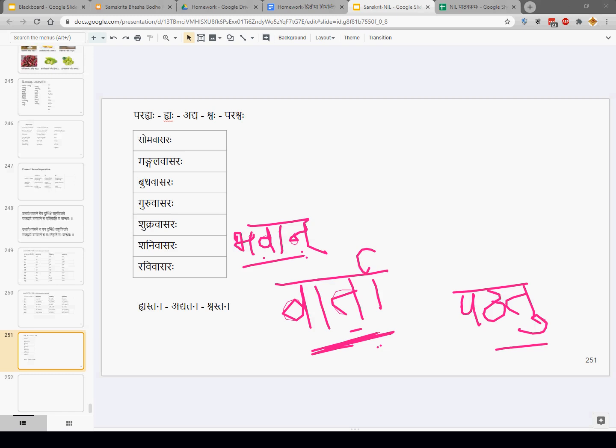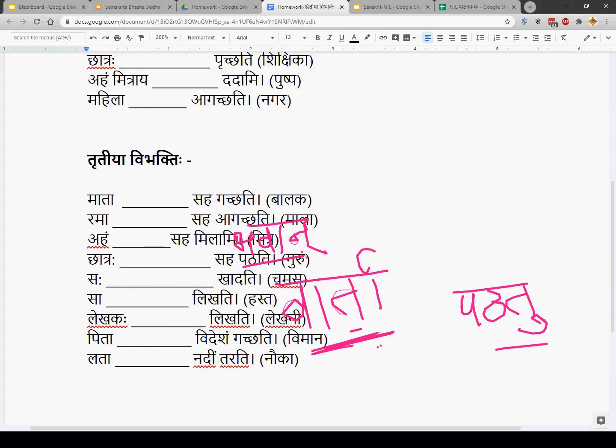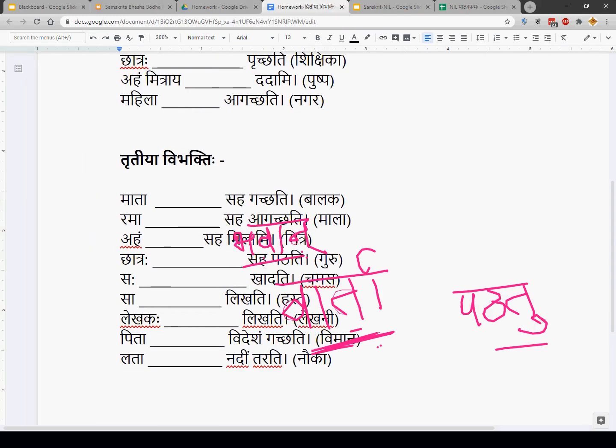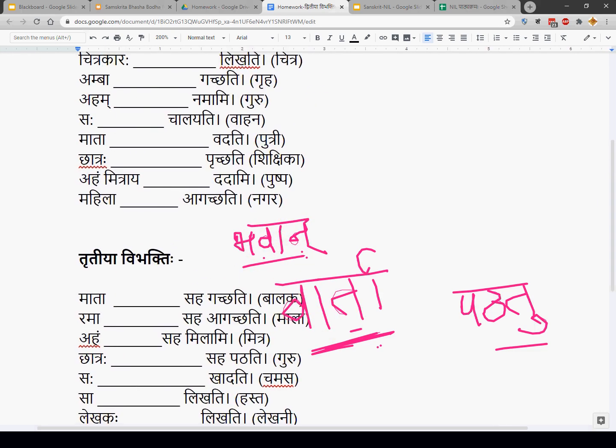In the last homework you all did, wasn't there an Akarant ending? What is the Shikshika, second case ending?